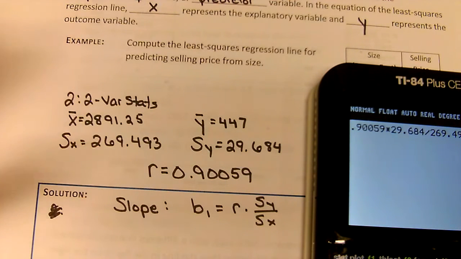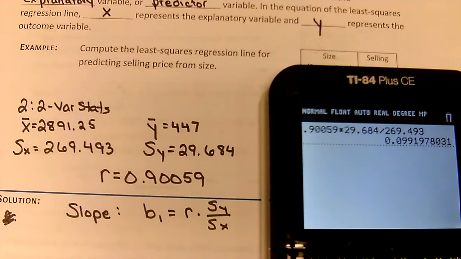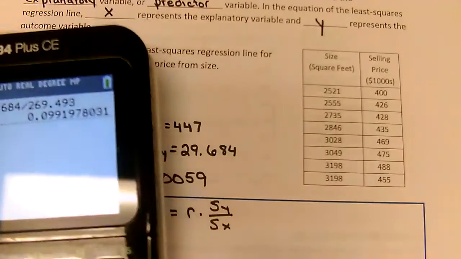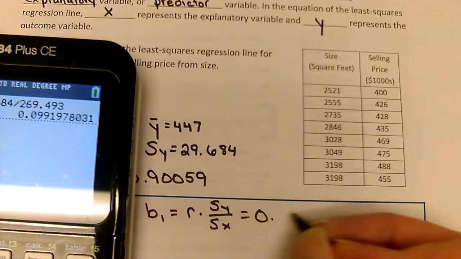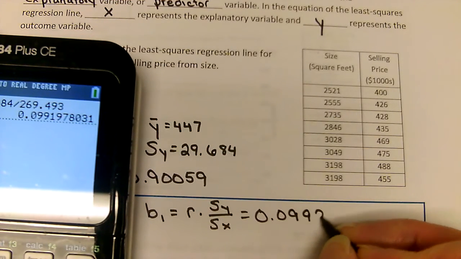Change in Y, change in X. And I get 0.099, basically 2.